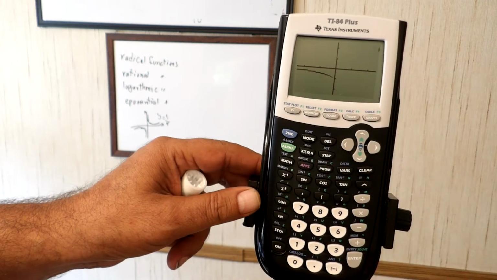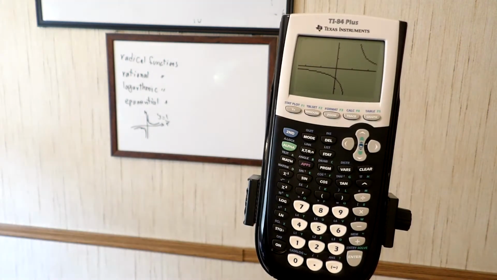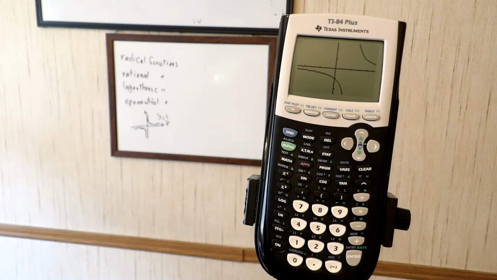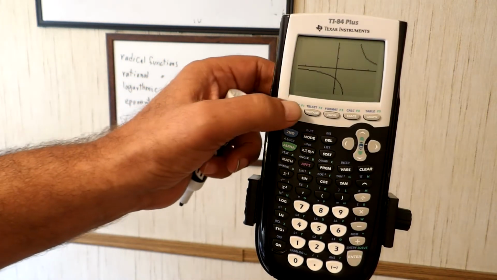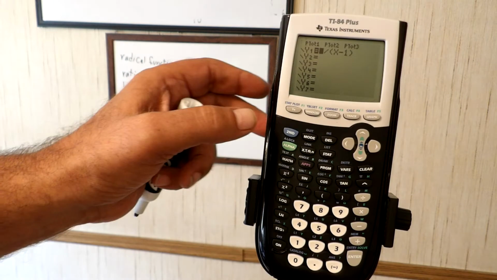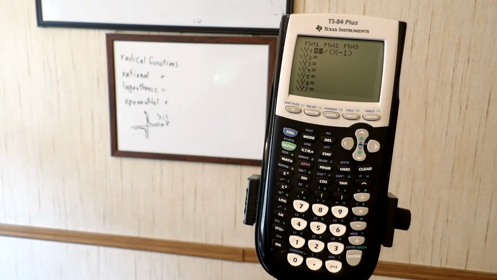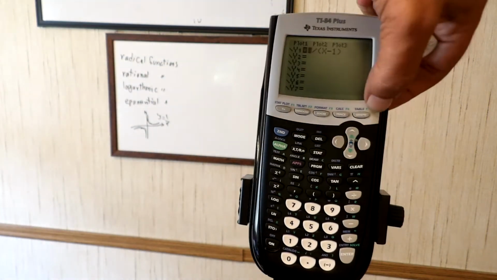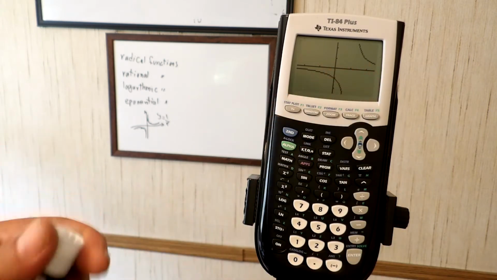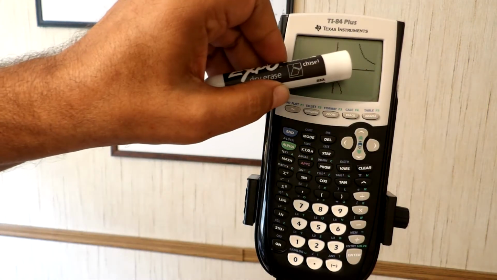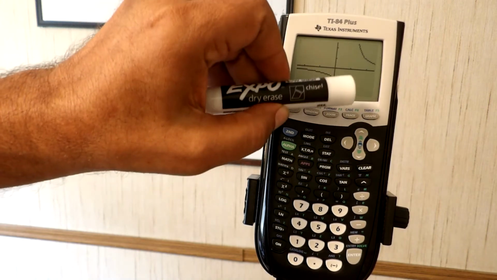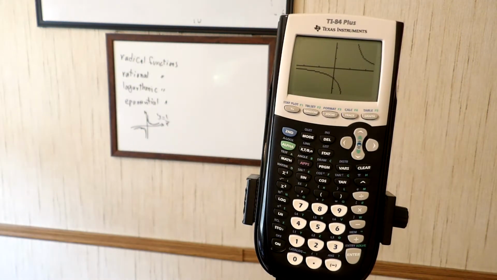It's so easy to see. The x minus 1 being 0 means x is equal to 1 here. At 1 there is the vertical asymptote, x is equal to 1.